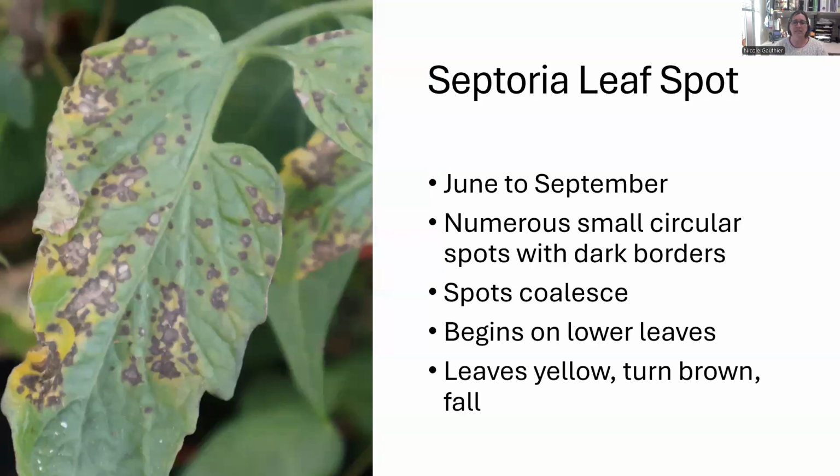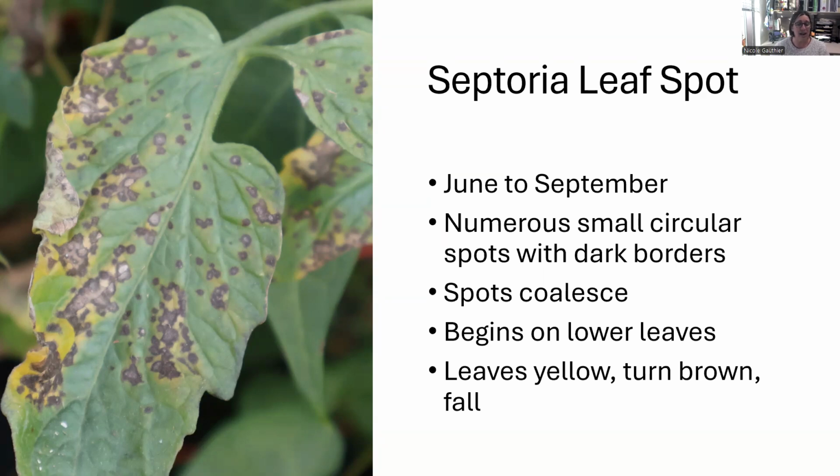The next disease is Septoria leaf spot. And this one, as the name says, is a leaf spot disease. It starts as a spot and it pretty much remains a spot. Septoria leaf spot can occur as early as September, but usually it's also later in the season, July, August, before we start seeing disease. And this one will start as small spots.